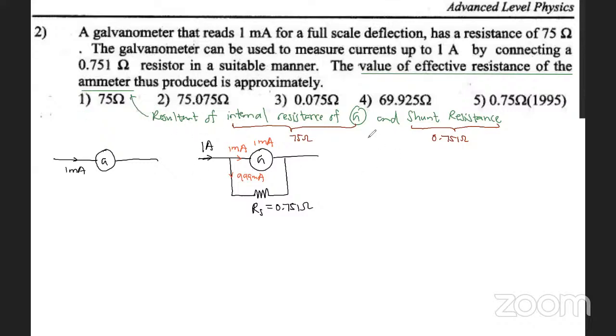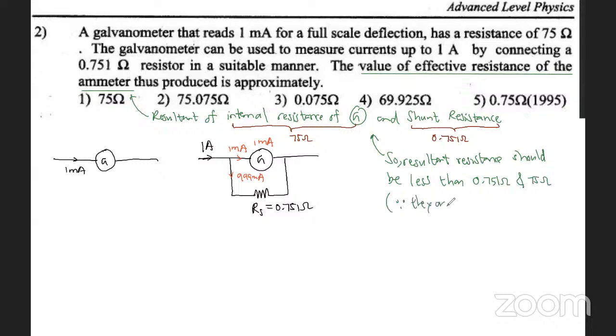So what should the resultant resistance be? It should be less than 0.751 ohm and 75 ohm. Why? The reason is because they are connected in parallel.